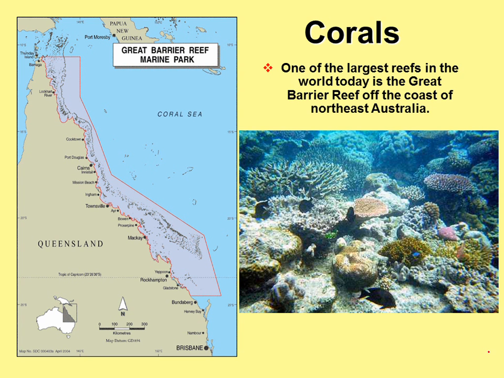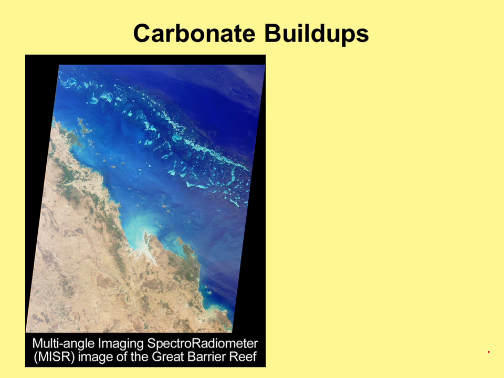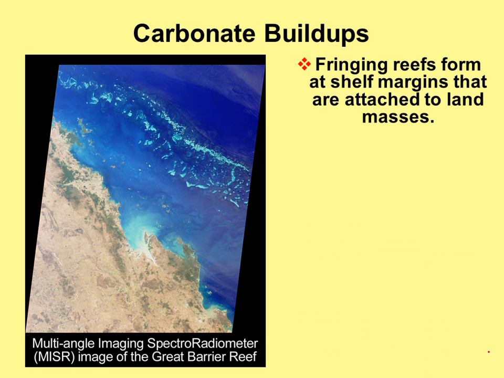One of the largest reefs in the world is the Great Barrier Reef off the coast of northeast Australia, stretching for hundreds of kilometers, obviously. Fringing reefs that form at the edge of continental shelves are a distinction from the isolated platforms that we showed in that earlier slide.